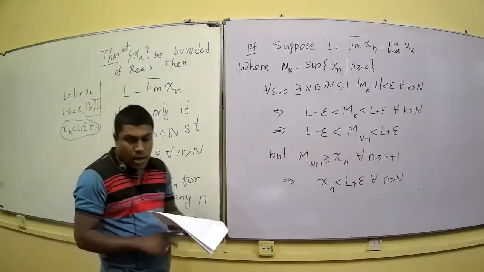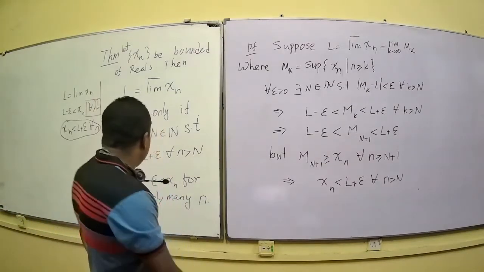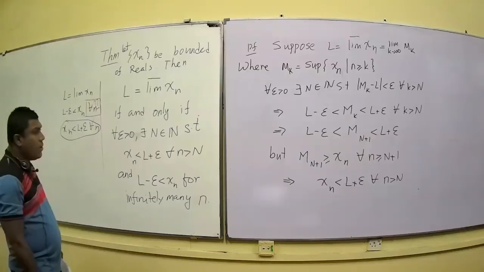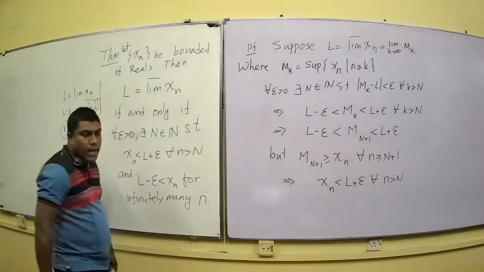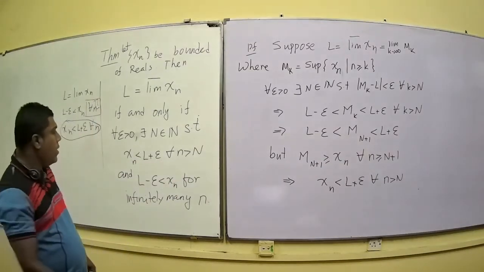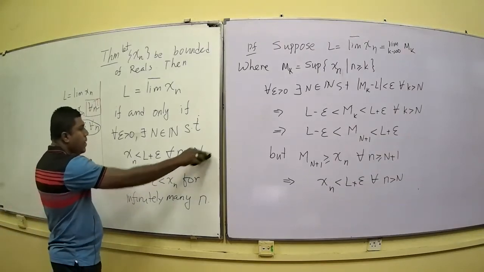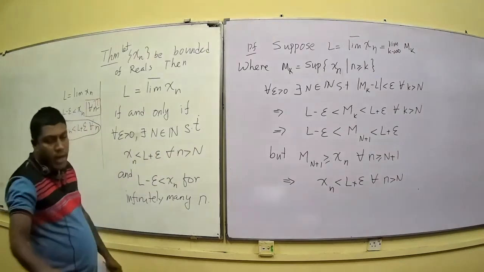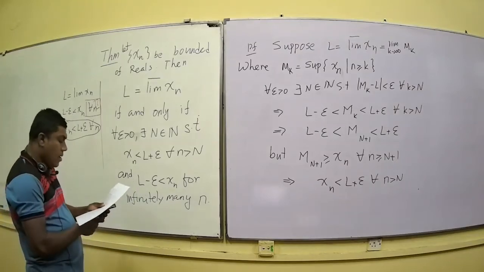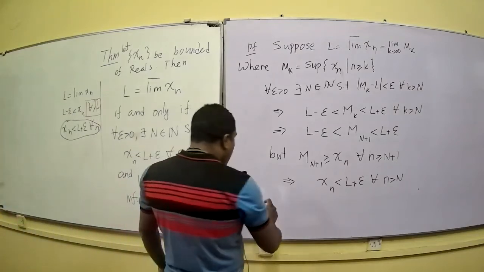So now one of those parts is done, right? Xn less than L plus epsilon for all n bigger than N. So we proved this part. Now we have to prove the other part, infinitely many cases, at the same time.